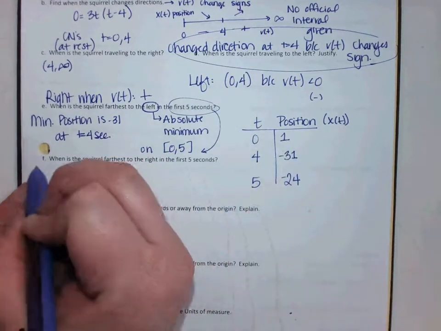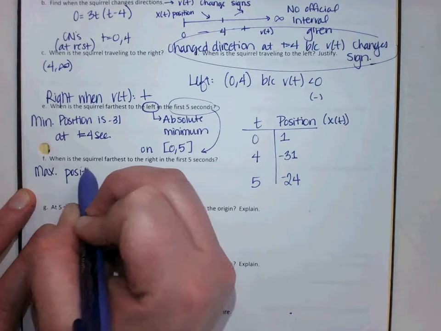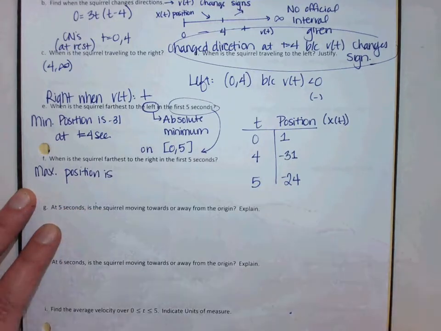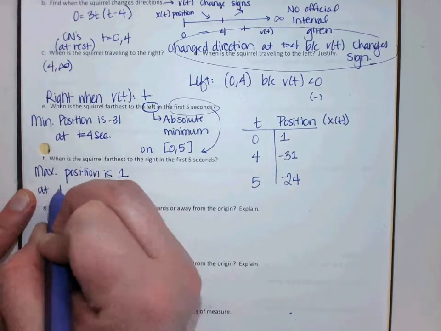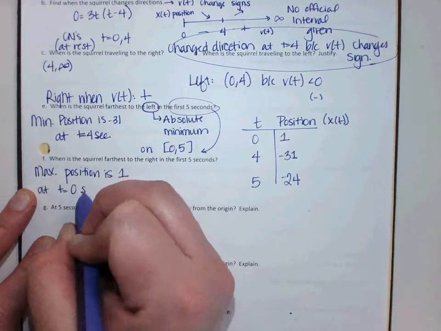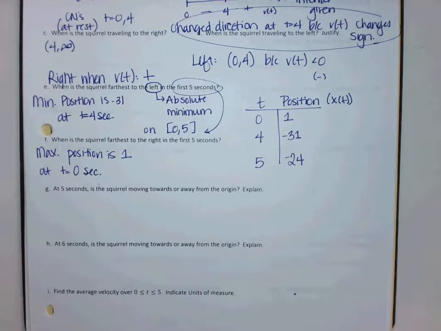Okay, so I'd say max position is 1. It occurs at t equals 0 seconds. Okay, and then remember, as long as you correctly label your graph, you don't have to put a big, long explanation after that. Okay? Alright, next question, letter G.